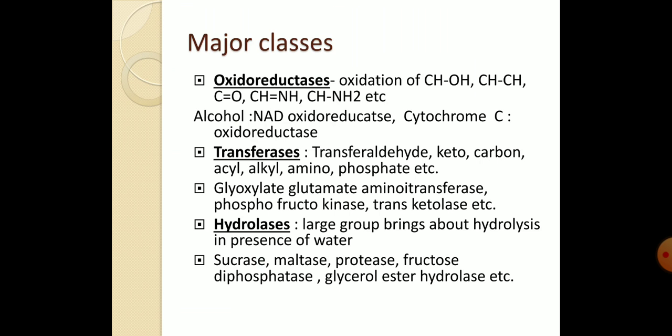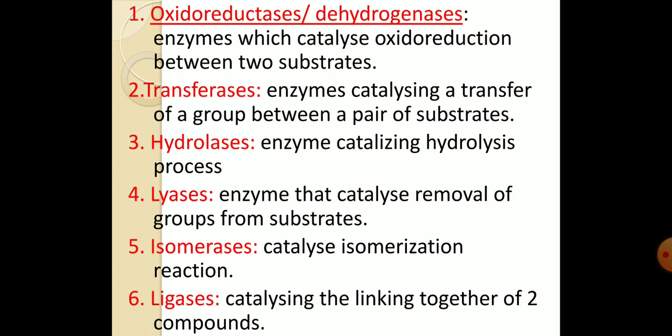The first one is oxidoreductases. What are oxidoreductases? Enzymes which catalyze oxidation-reduction between two substrates. The next class is transferases: enzymes catalyzing the transfer of a group between two pairs of substrates. Then the third one is hydrolases.